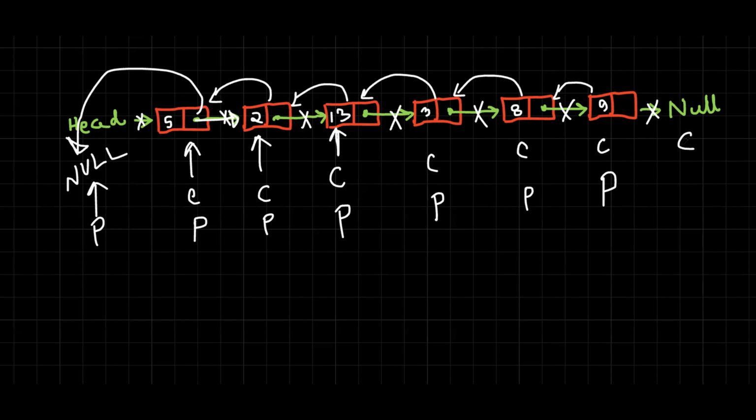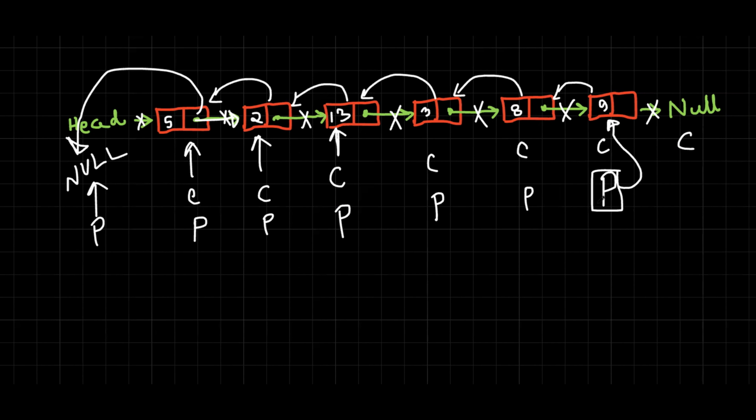But wait, now that the current pointer is null, we have to stop the iteration. But what is the new head of the reversed list? Thankfully, the previous pointer is indicating the first node of the linked list.